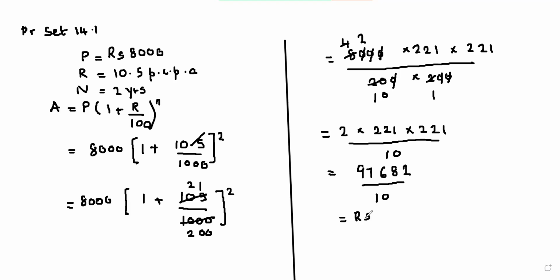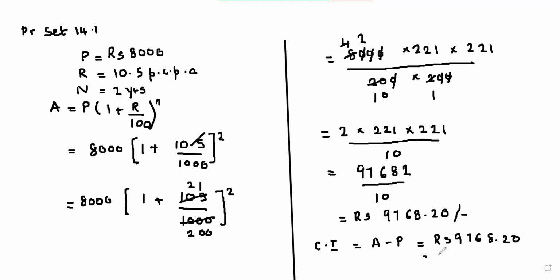Rupees 9768.20. This is my amount. So in order to calculate the compound interest, I will write compound interest is equal to amount minus principal, which is equal to rupees 9768.20 minus rupees 8,000.